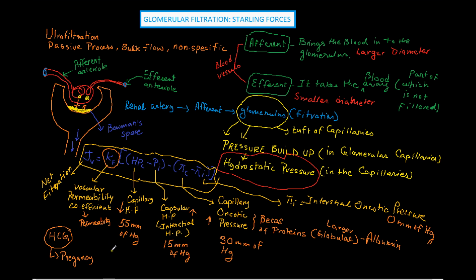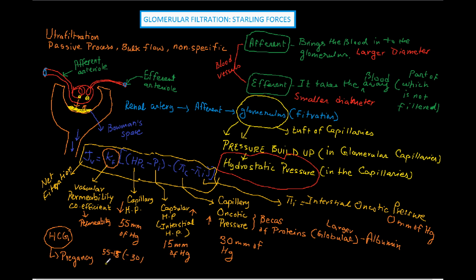Okay, so if we calculate the net filtration, what we are getting is basically this: 55 minus 15 minus 30.